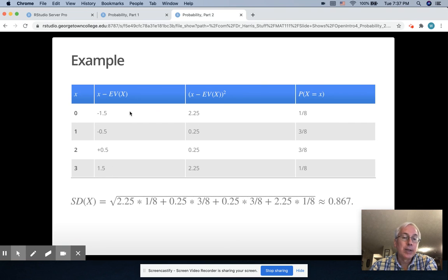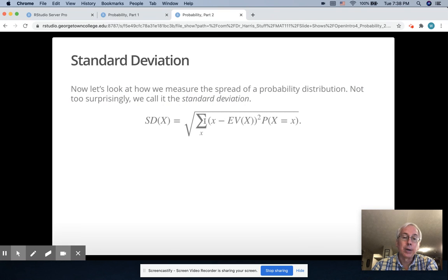If I square the deviations, I get 2.25, 0.25, 0.25, and 2.25 respectively. And the associated probabilities are right here for 0, 1, 2, 3. So we're going to multiply 2.25 by 1/8, 0.25 by 3/8, 0.25 by 3/8, and 2.25 by 1/8. That's what this expression here is all about.